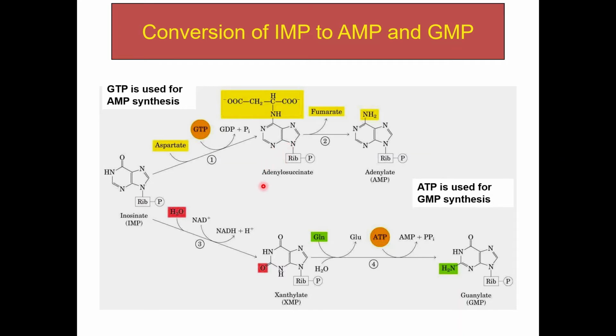This intermediate is formed, and this reaction is driven by GTP hydrolysis in presence of the enzyme adenylosuccinate synthetase. In the second step, fumarate is cleaved, as we do not need the whole aspartate. We only want the amino group of aspartate.